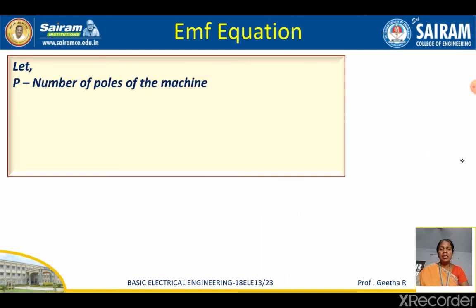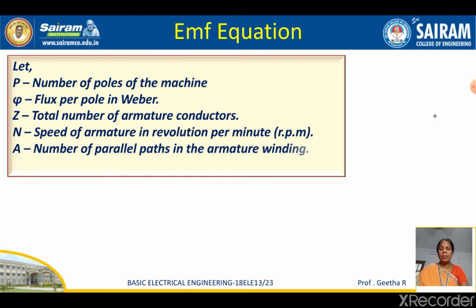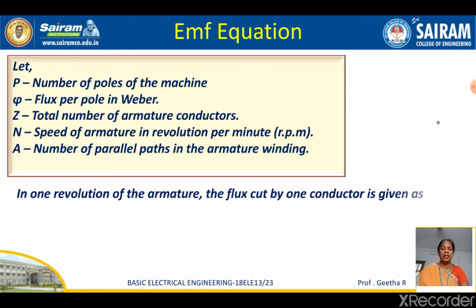We will see the EMF equation. So let P be the number of poles of the machine, let phi be the flux per pole in Weber, and Z be the total number of armature conductors, and let N be the speed of the armature in revolutions per minute, that is RPM, and let A be the number of parallel paths in the armature winding.